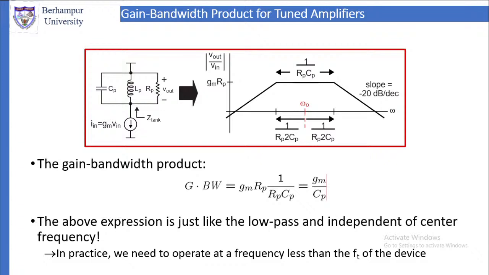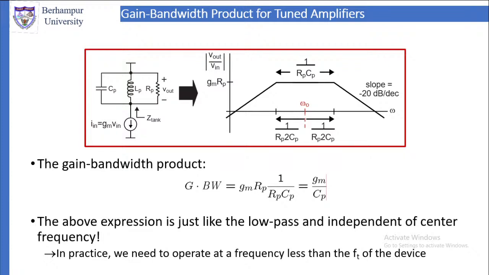f is the frequency. So if the center frequency is omega 0, then on each side of the center frequency, there will be a spread of frequency over which amplification will occur. On the left side, from omega 0 towards the left, it goes by a factor 1 by 2 RPC.